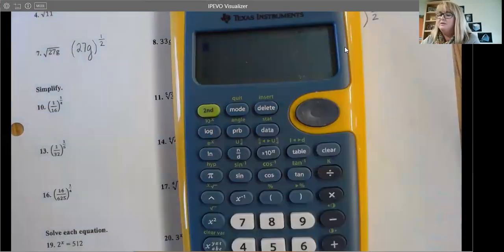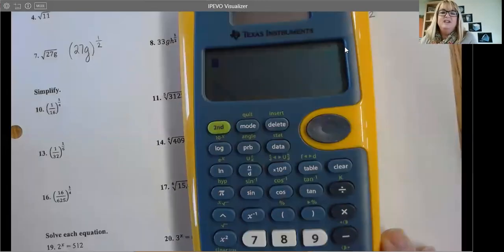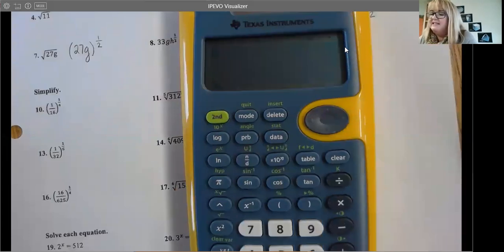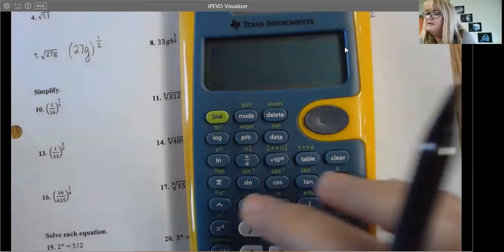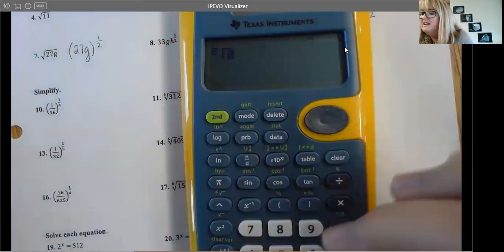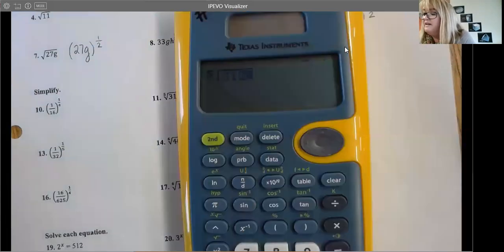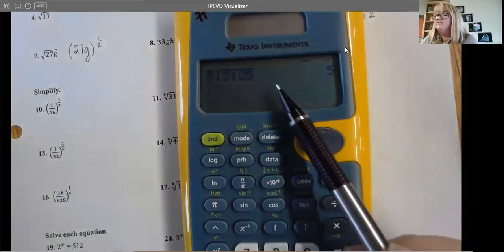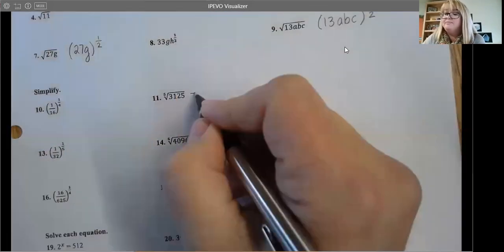So remember to find the 5th root, you are going to access this key, second, I think you put 5, second, I think that's right, 3125, enter. All right, so the 5th root of 3,125 is 5. So we are going to put 5.